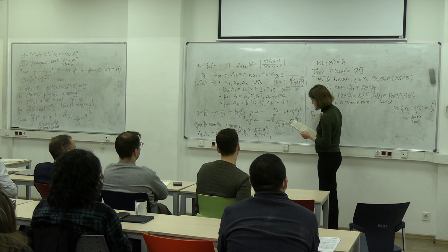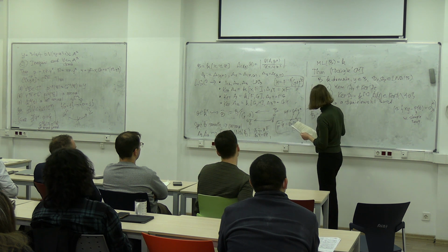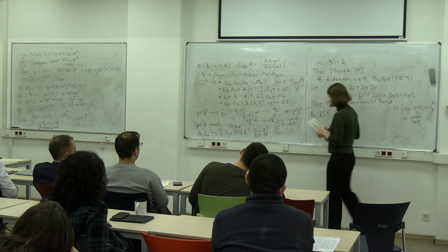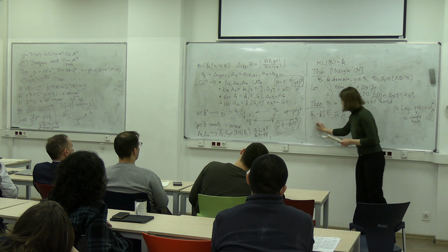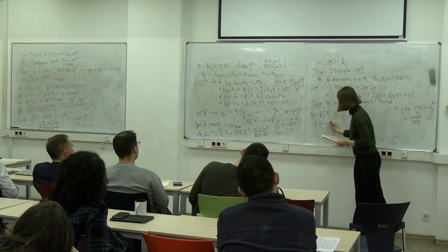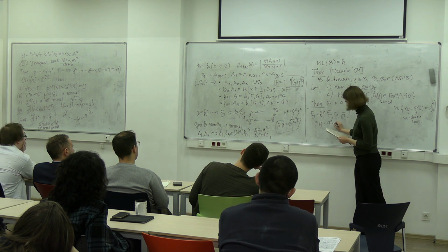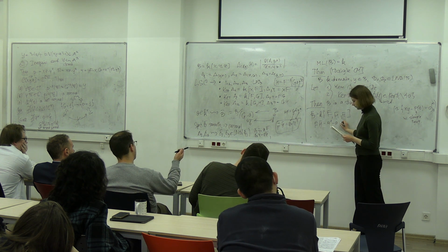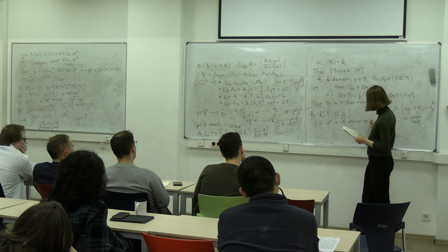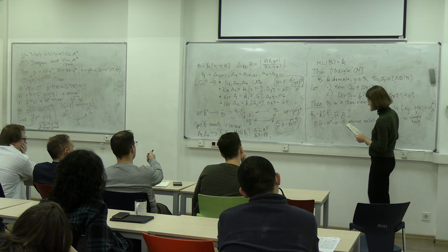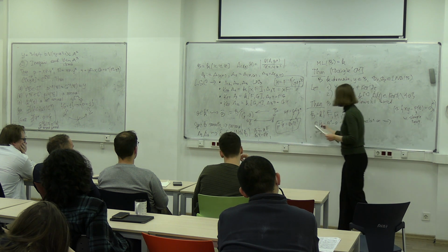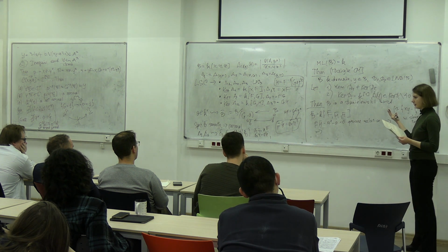Then B bar is generated actually by the elements F bar, H bar, and R bar. And he says that from this, it's obvious that this is smooth. But you, of course, said that this is smooth, so it's not interesting. Yes, but we already have a relation in our B bar.